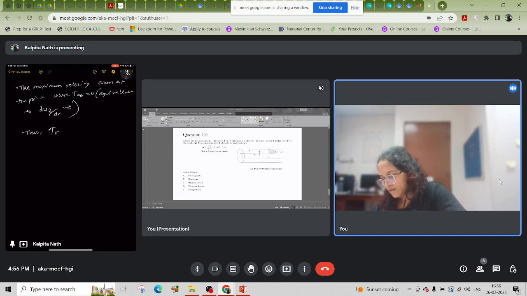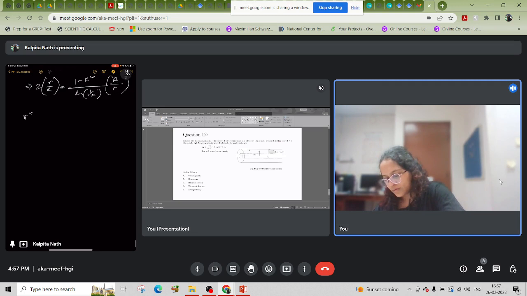Thus tau rz is equal to 0: 2 small r by capital R is equal to 1 minus kappa square by ln 1 by kappa capital R by small r. So R star is capital R, 1 minus kappa square by 2 ln 1 by kappa, whole to the power half.